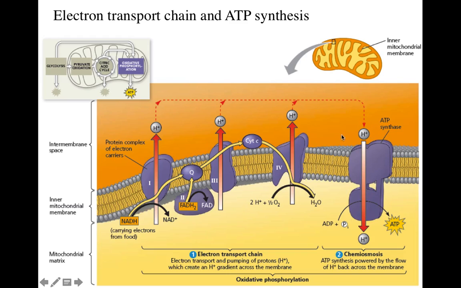ATP synthase is a rotary enzyme, and when these protons fall back through ATP synthase into the mitochondrial matrix, this leads to the synthesis of ATP from ADP and inorganic phosphate. So ATP synthase is a membrane bound enzyme which is responsible for the synthesis of ATP from ADP and inorganic phosphate.